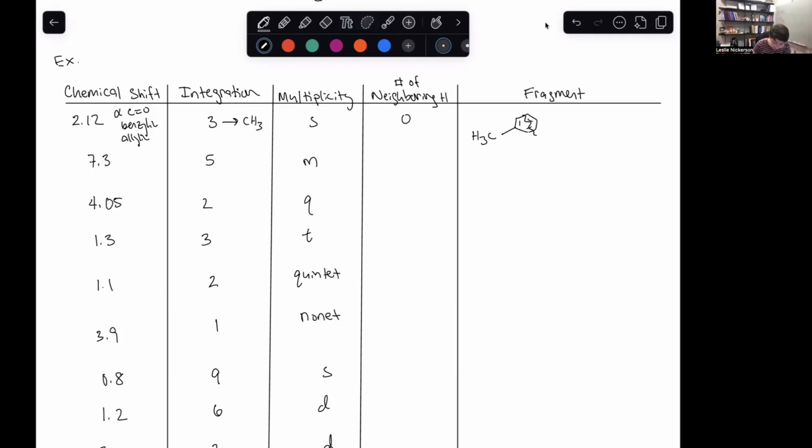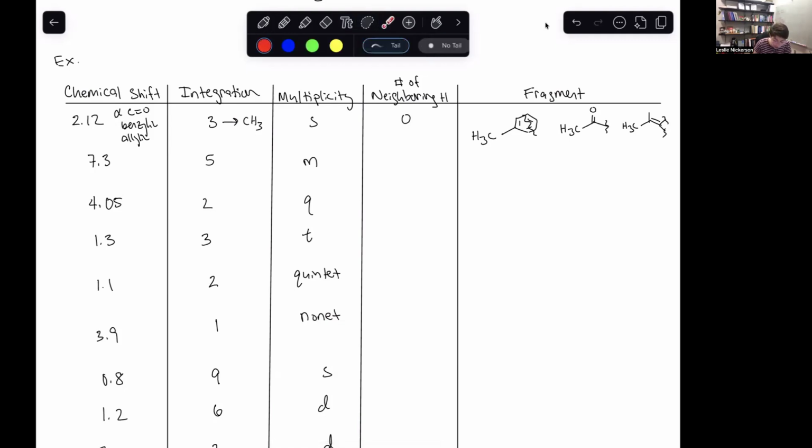Okay, so maybe it's benzylic, maybe it's next to a carbonyl. Okay, maybe it's next to an alkene, but that alkene couldn't have any neighboring protons on it. So we could have fragments that look like that.